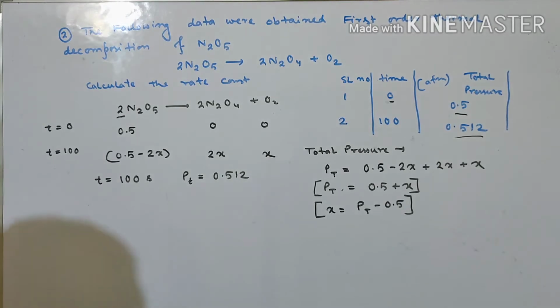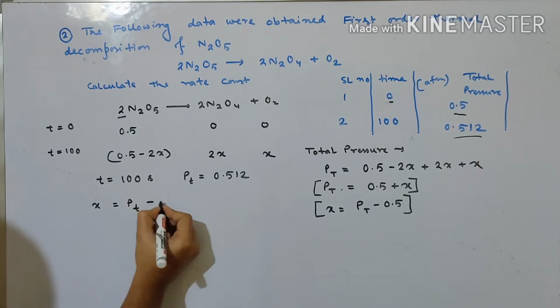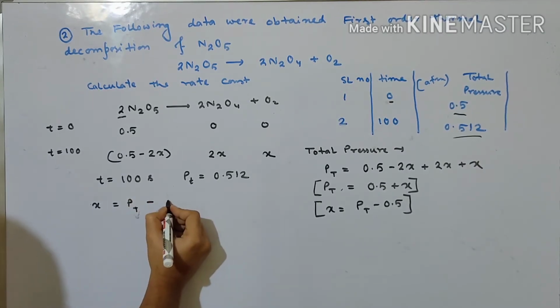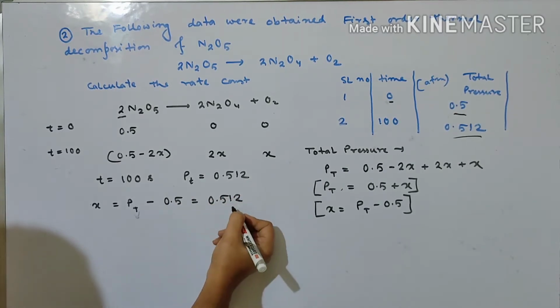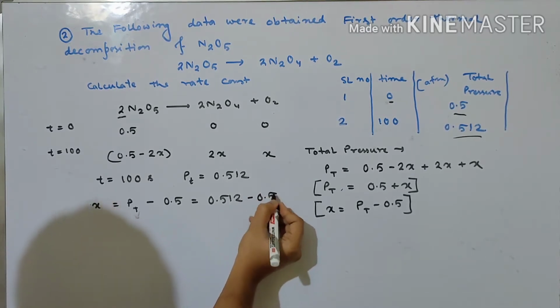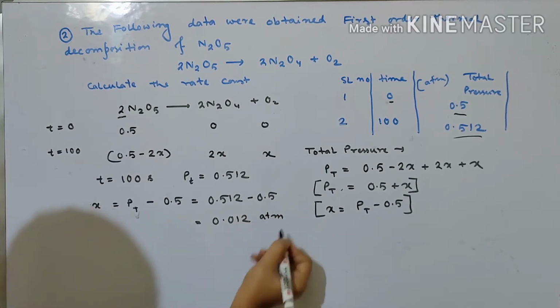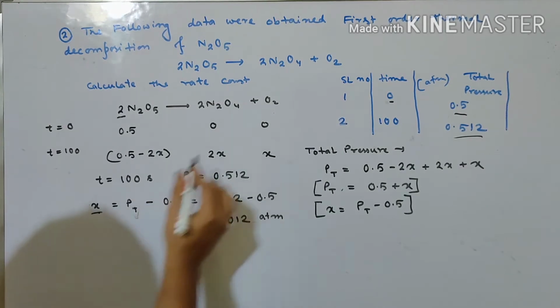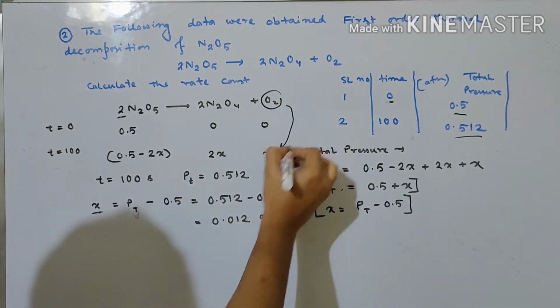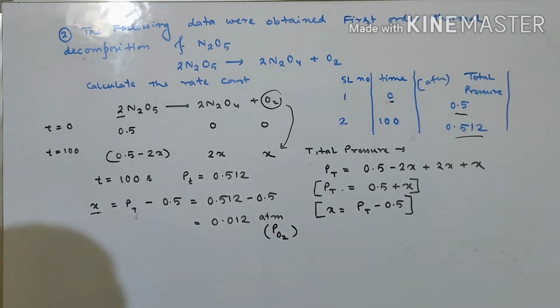So the value of x is Pt minus 0.5, which is nothing but 0.512 minus 0.5. So we are getting 0.012 atm, which is the value of x. If the value of x is determined, the value of x over here is the pressure of O2, so it is nothing but the partial pressure of O2.